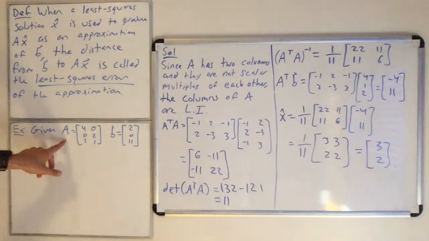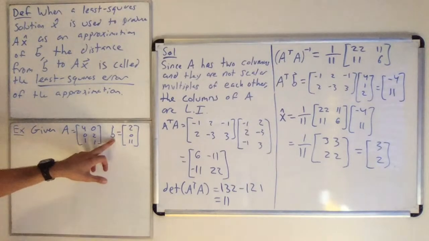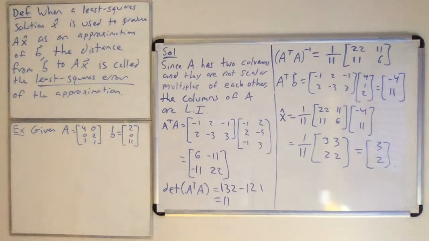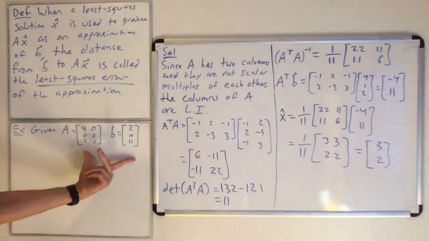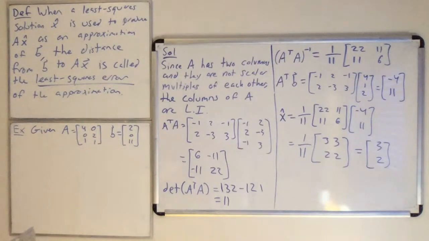All right, so given that A is the matrix 4, 0, 1, 0, 2, 1, and B is the vector 2, 0, 11. So this is the matrix and vector we looked at yesterday.